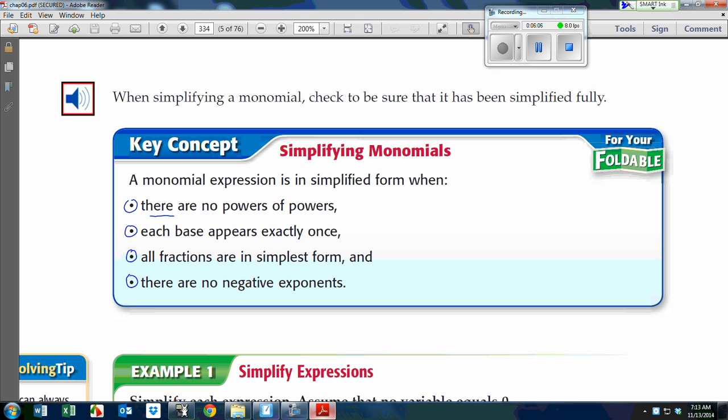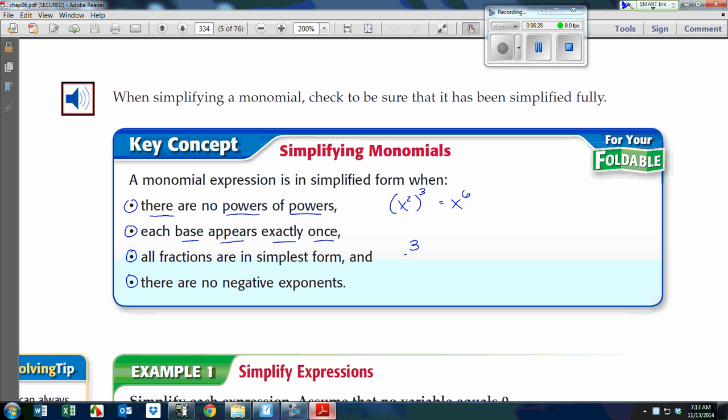There are no powers of powers, so if there's ever an x squared raised to the third, you need to change it to x to the 6th, multiply those. Each base appears exactly once, so if there are x's in the problem, there needs to be 1 x in your answer. If there's multiple z's in the problem, there needs to be 1 z in the final answer. All fractions are in simplest form. That's obvious.